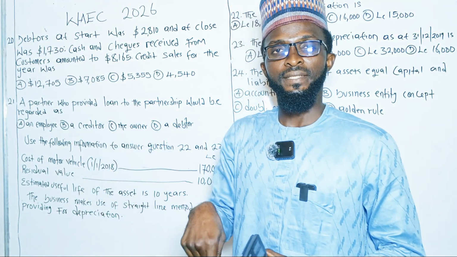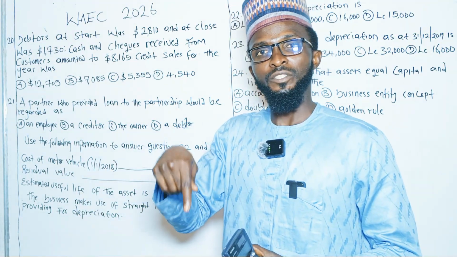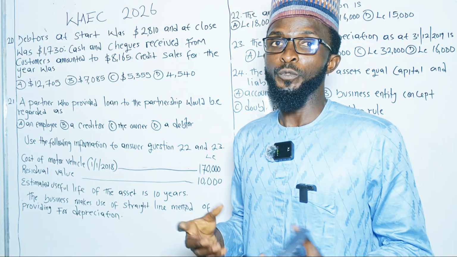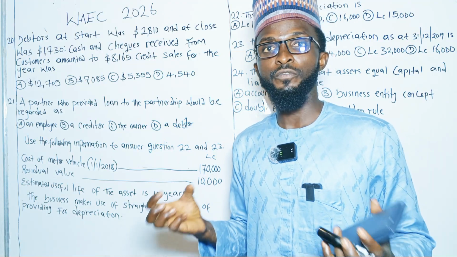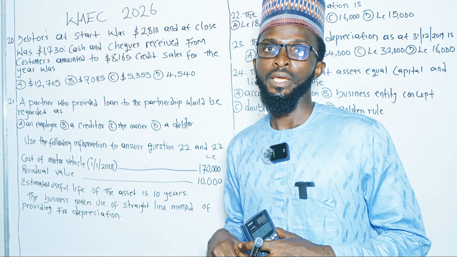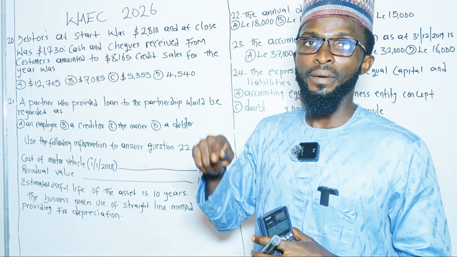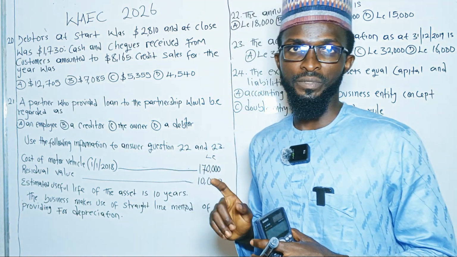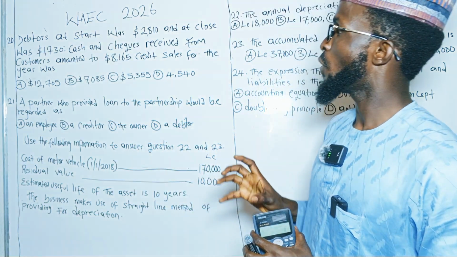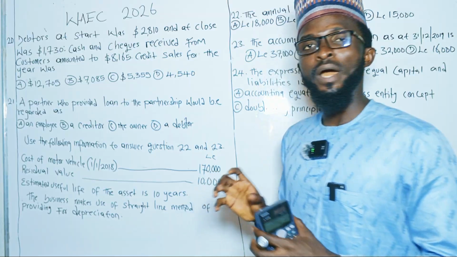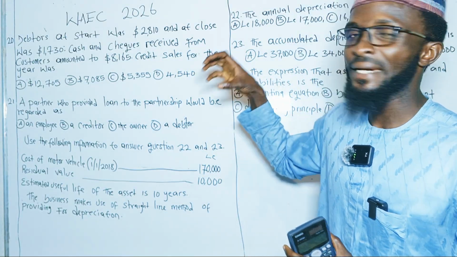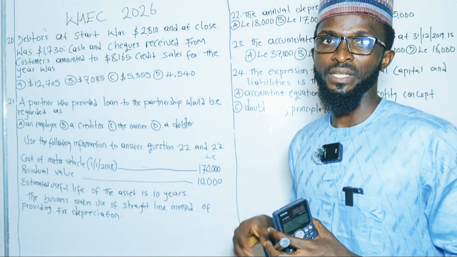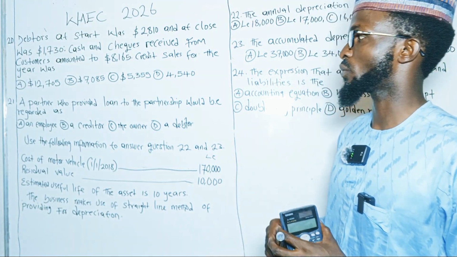But within the year, these same debtors made another credit purchase, but we do not know the exact figure for that credit purchase. And yet they paid some money from what they owe our business. So what to do here? We are to determine the credit purchase they made within the year. That is what we are going to determine in this question.